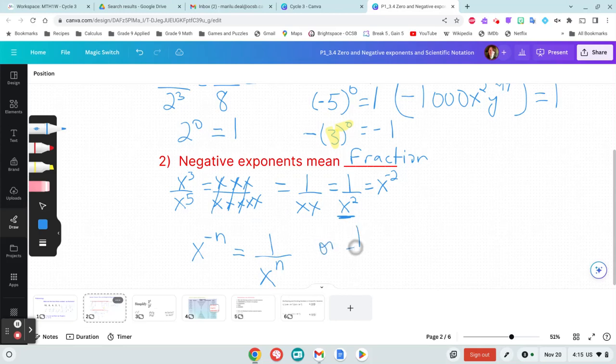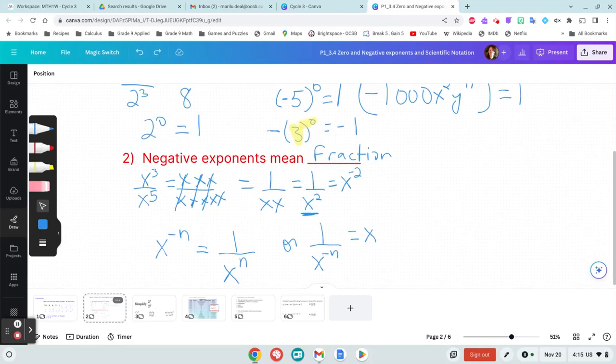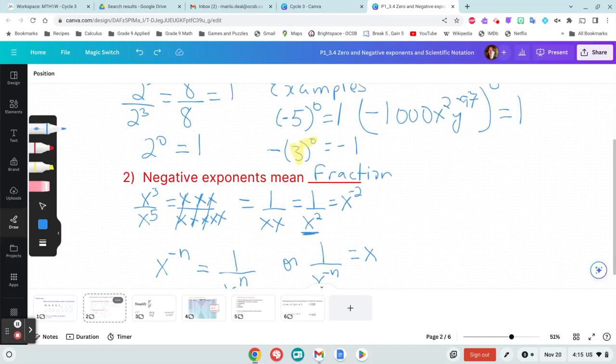Or if I have 1 over x to the negative n, that's the same thing as x to the n. So essentially we're flipping it. We're finding the reciprocal to switch from being positive to negative. So some examples of how this is going to work.